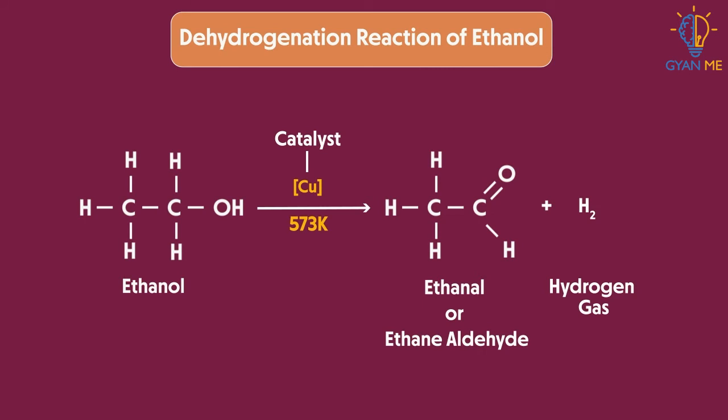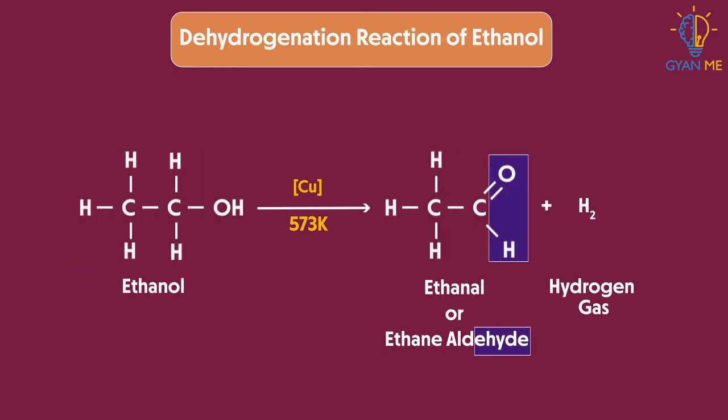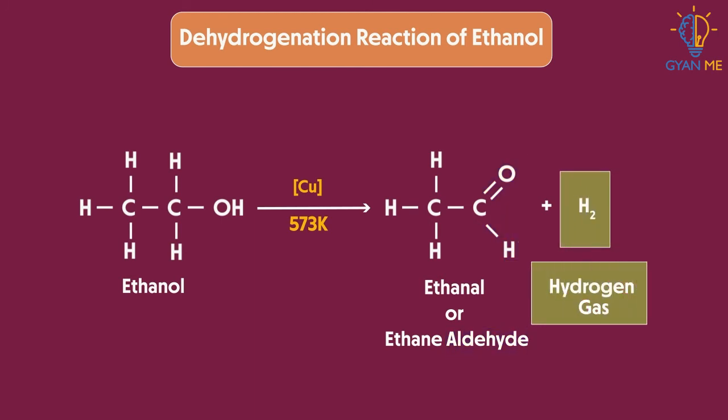It just facilitates the removal of two H atoms to form one molecule of ethanal and hydrogen gas. The chemical equation of this reaction is on the screen. And this is how dehydrogenation takes place in ethanol. The functional group in ethanal, as you know, is aldehyde. The two H atoms so removed form hydrogen gas.